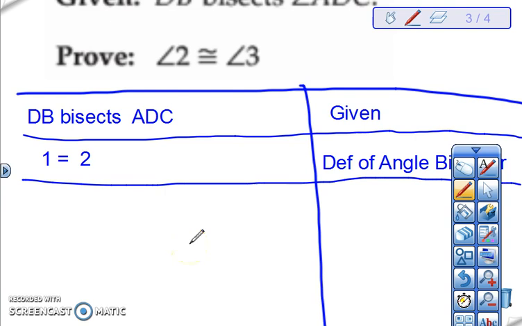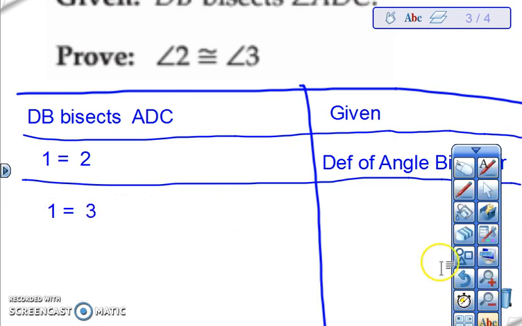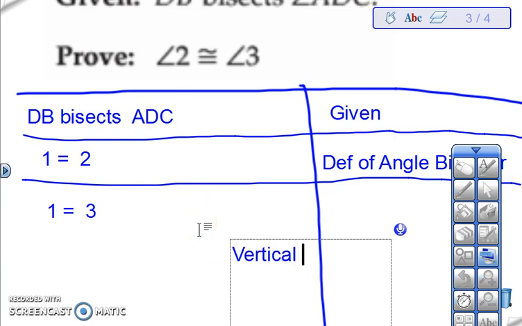Alright, so if angle 1 and angle 2 are congruent, next thing we need to say is that angle 1 and angle 3 are congruent. And we know this because of what we just proved. So we can say vertical angles are congruent, or we can say the vertical angles theorem.